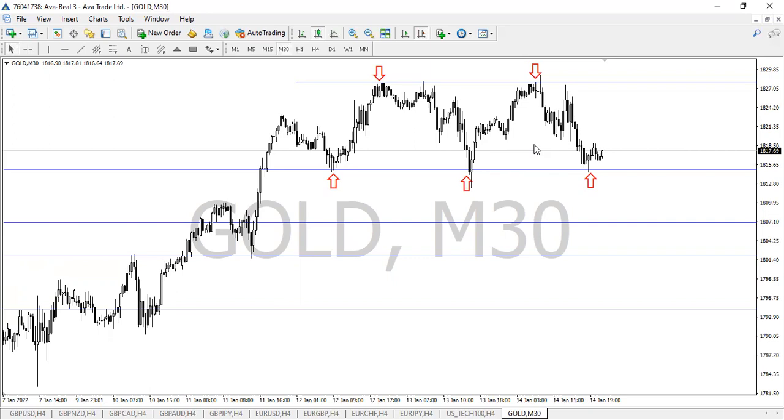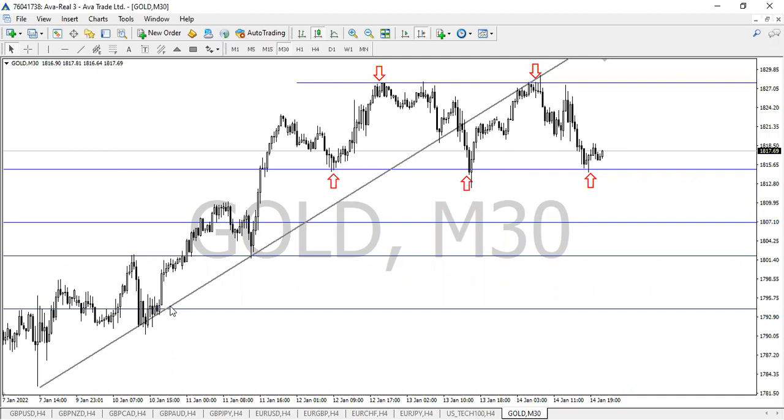According to the movement, if you look at gold, gold was on uptrend from this side. So using our trend line, we have a trend line like this.